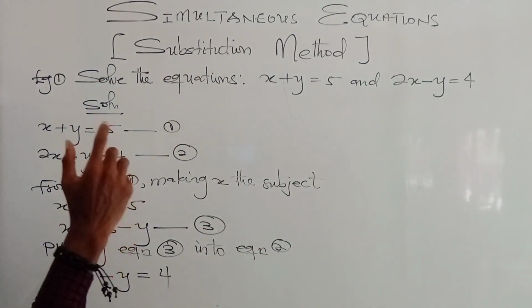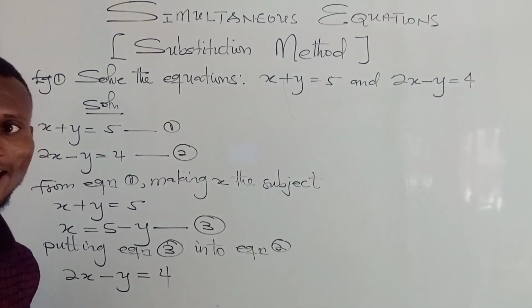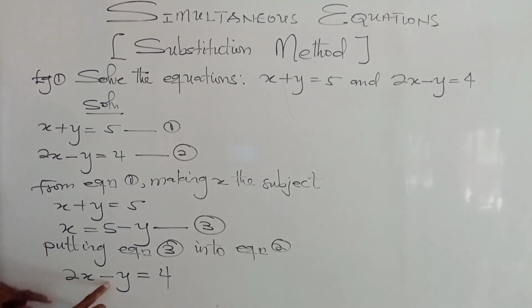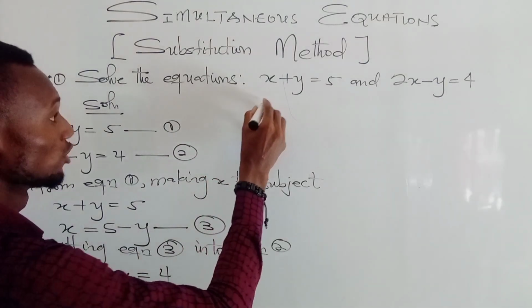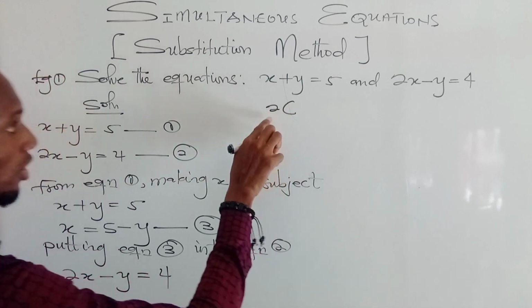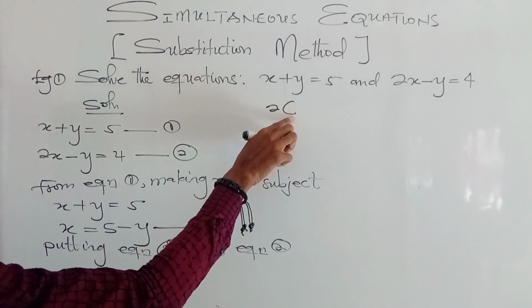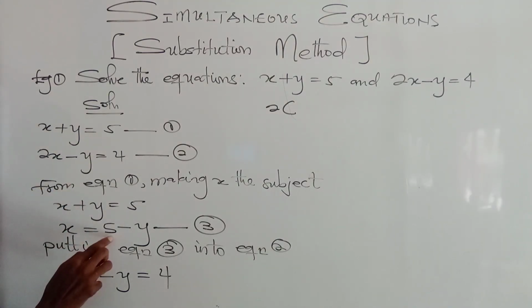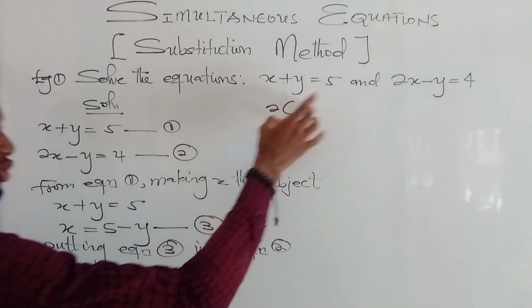I'm going to continue from this side. So I have 2s minus y equals 4, and we are putting equation 3 into it. Wherever we see s, we put 5 minus y there. So I'm going to have 2 times, because the bracket means multiplication. The 2 and the s are multiplying, so the 2 is going to multiply the value of s, which is 5 minus y.